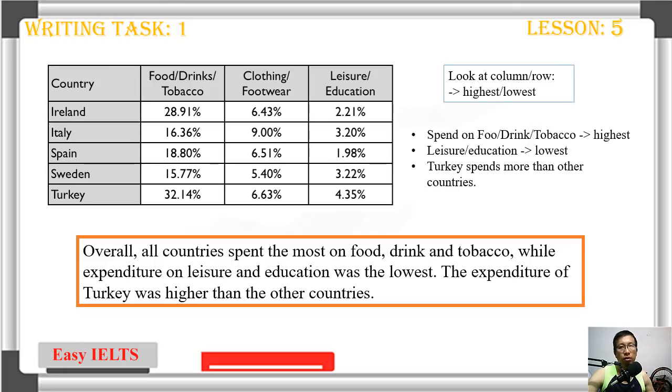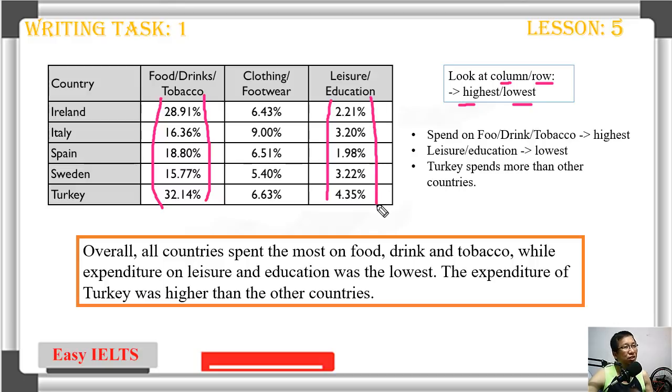For the overview for the table, you want to look at the columns and rows, and look for the highest and lowest numbers to write. For example, it's easy to see that people spend the most on food, drink, and tobacco, and spend the lowest on leisure and education.